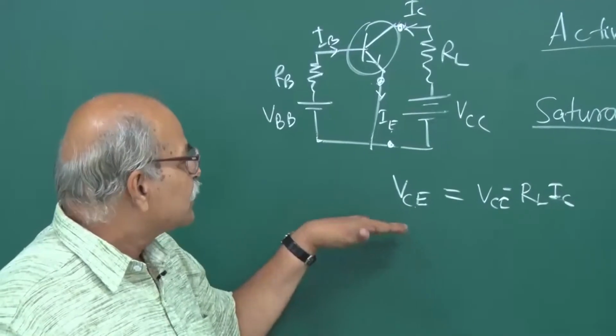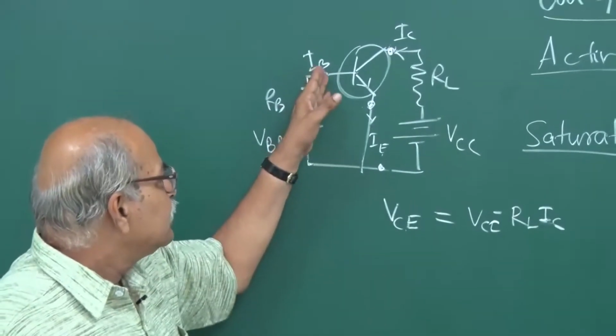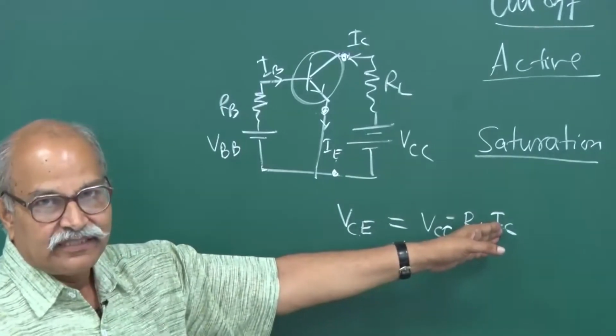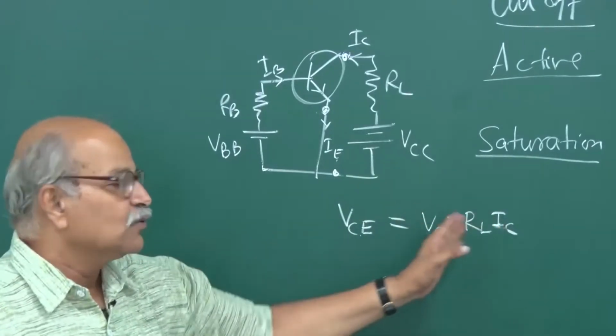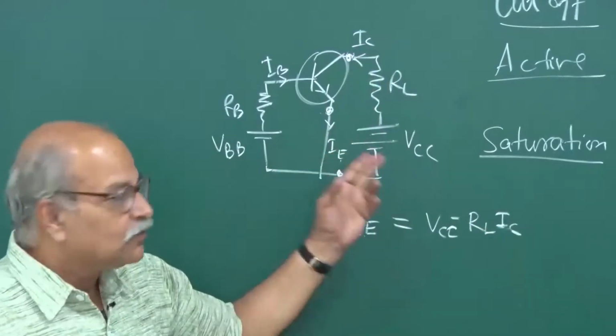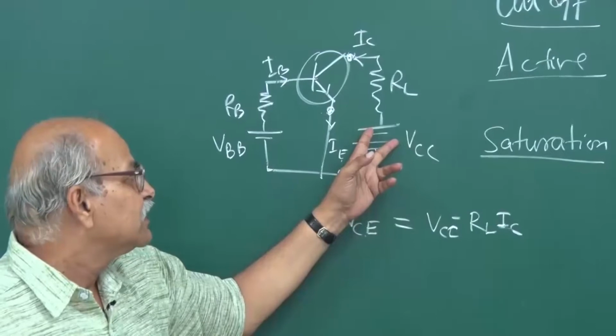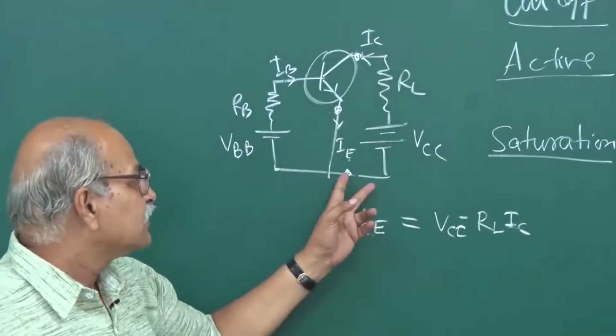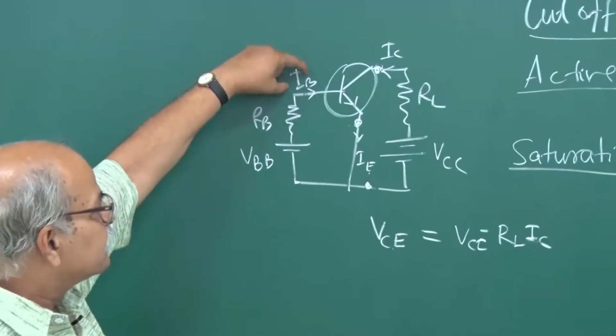If you are increasing IB, there could be a situation that this IC is now so large that VCE is close to 0, and in that case your reverse biasing is gone, although the same battery is there. We have not changed this RL or this battery.